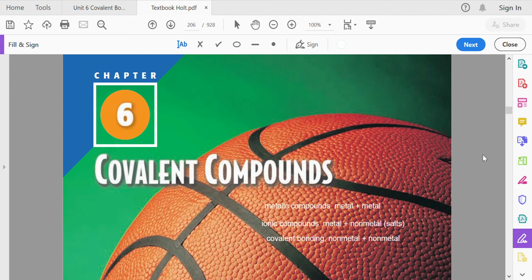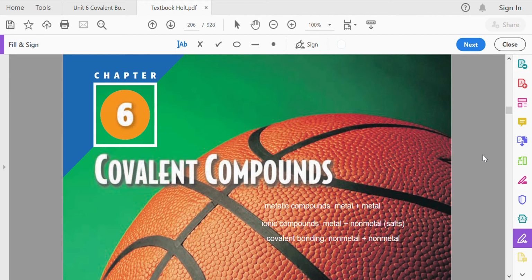So let's get going. The next unit that we will cover is called covalent compounds. So we're going to discuss materials that are made covalently. The thing that distinguishes the type of material, as we discussed, is what are the elements that make it up.